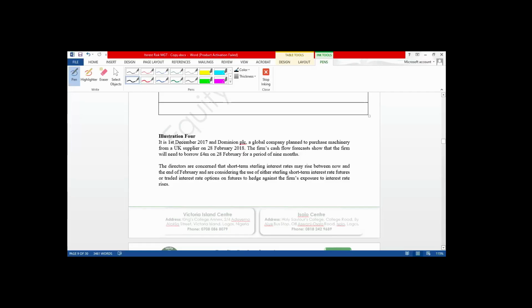Between December and February, how many months? 3 months. That means in 3 months' time, we are going to borrow money for 9 months. All right. As you read the question, pay attention to the dates.